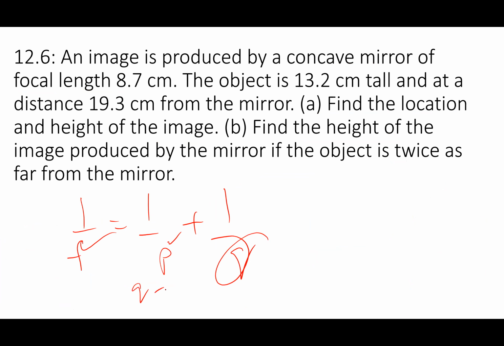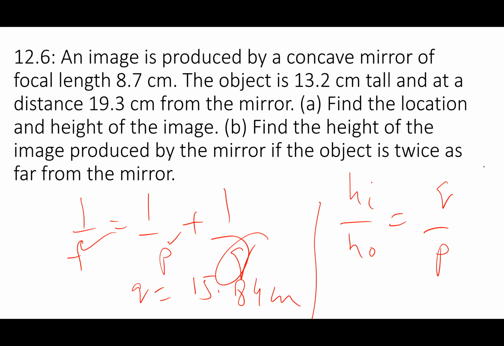Q is equal to 15.84 centimeter. And the other formula is height of image divided by height of object is equal to q by p. Q is given, p is given, height of object is given, so find hi, which is 10.83.